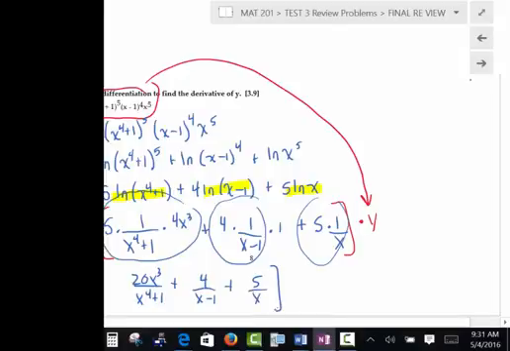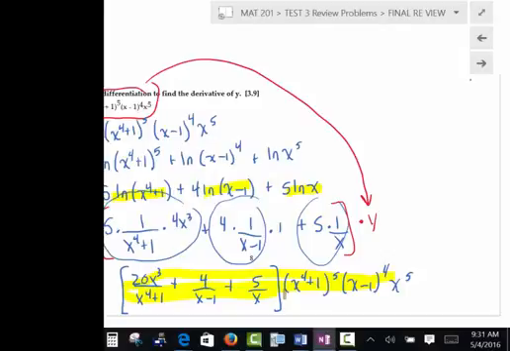Put a big bracket around it, don't forget that, and then substitute in for y, so you would have (x to the fourth plus 1) to the fifth times (x minus 1) to the fourth times x to the fifth, and you stop. Don't even waste your time going any further. You don't need to. That's it. Okay? Check my answer key to make sure. Okay, I think I did that right. I've kind of got off to a bad start, making stupid arithmetic mistakes.